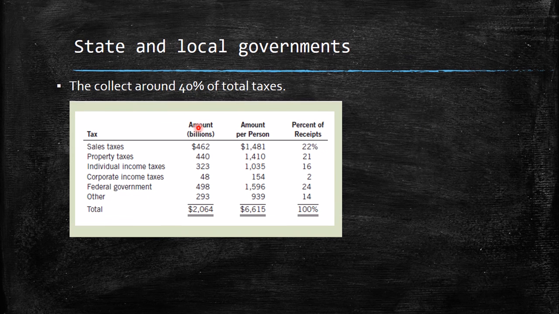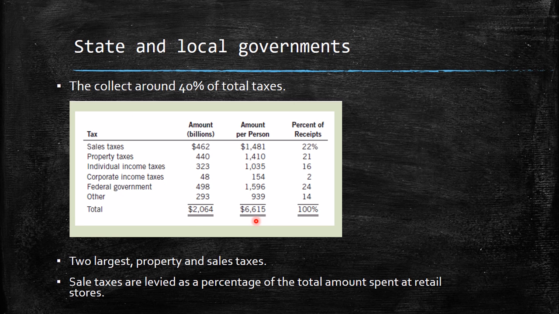Here we already talked about the federal government, so now we're going to have a look at the state and local governments. They collect around 40% of the total taxes, around 2,064 billion, which represents 6,615 per person. Here we realize that the two largest are basically property and sales taxes, at around 43%.